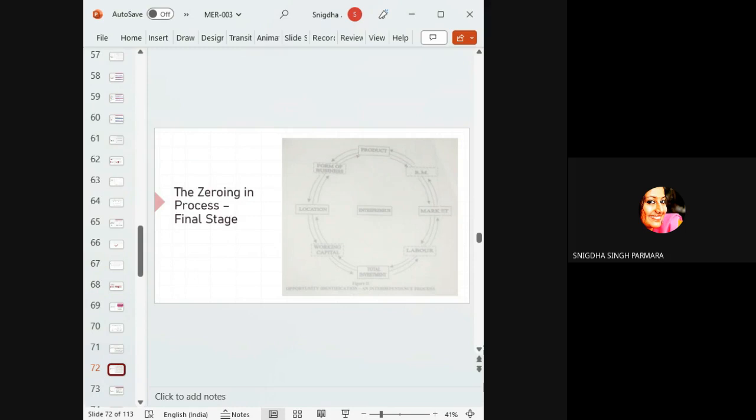After doing this, he selects whether it is going to be only a component industry or the whole product industry that he will engage himself in.